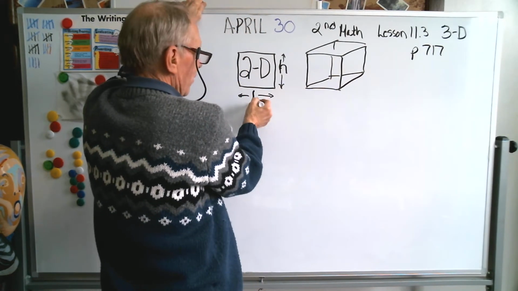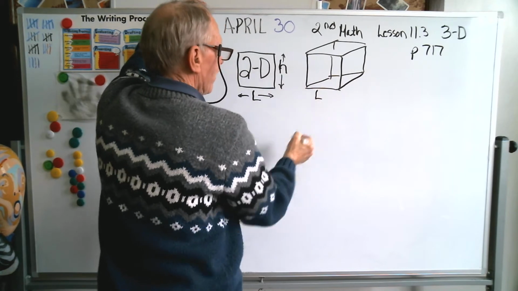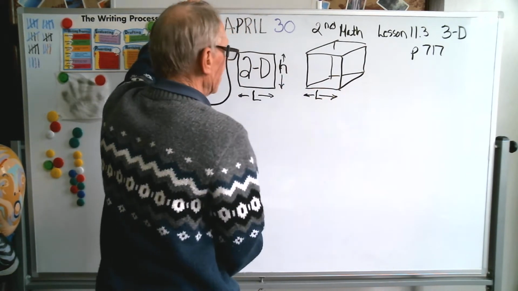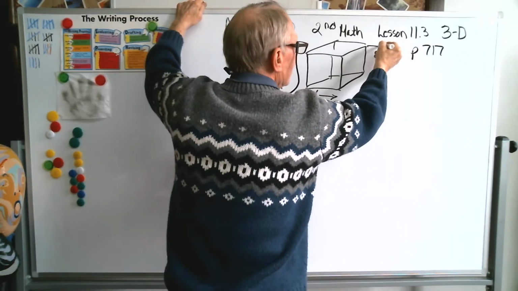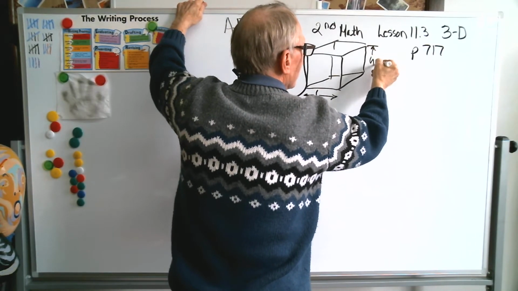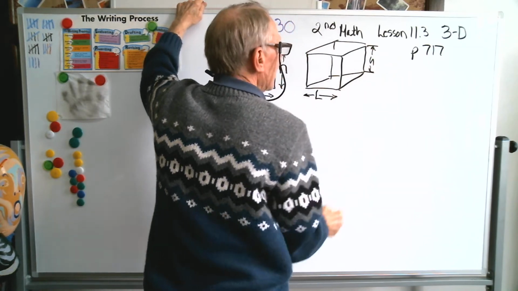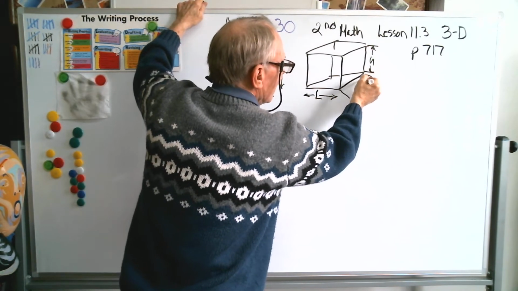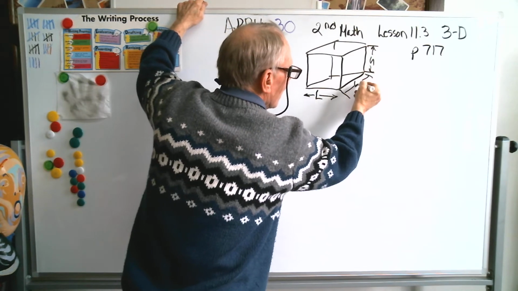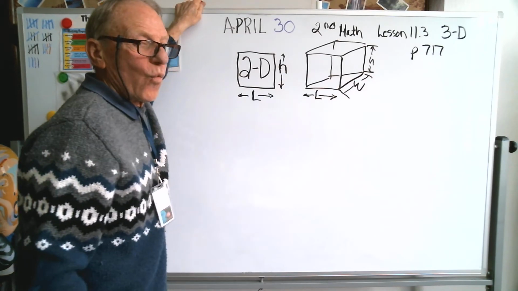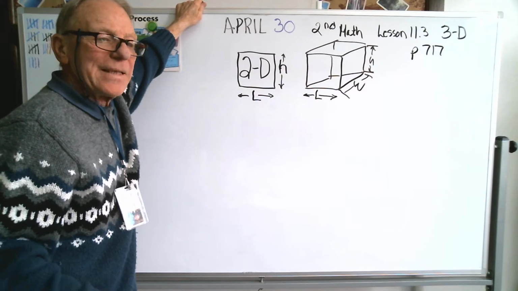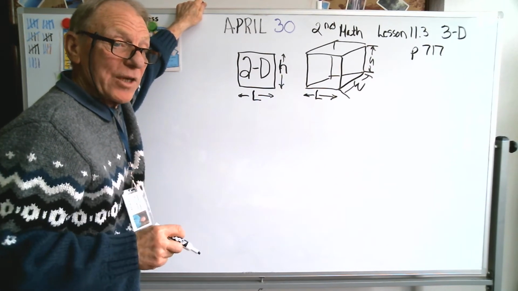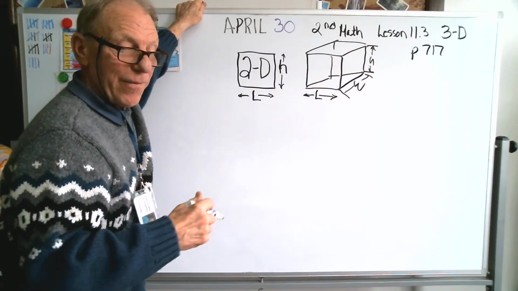Now, we still have the length right here, and we still have the height right here, but we also now have the width, the depth of it. So, 3-dimensional objects have depth.